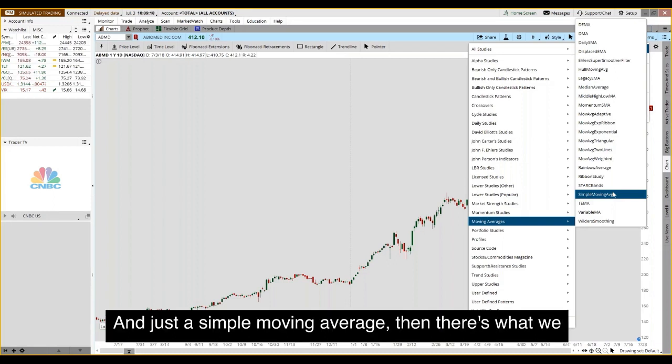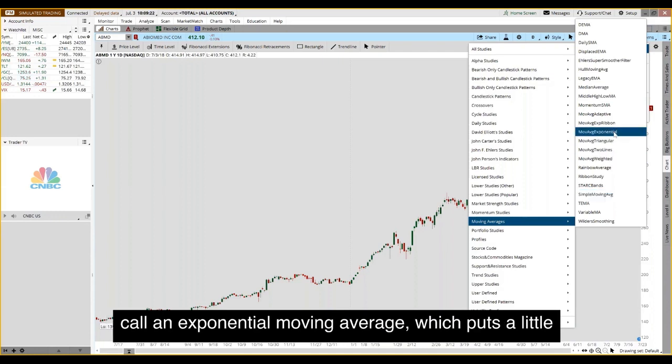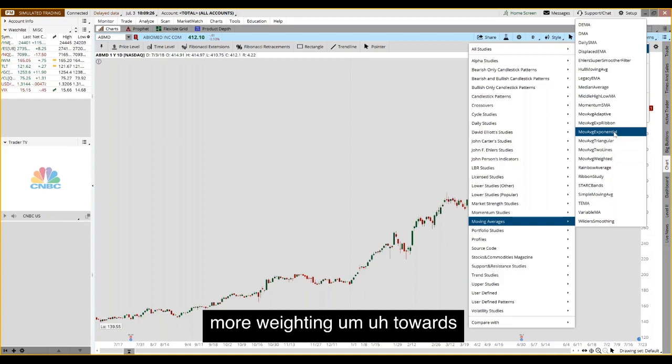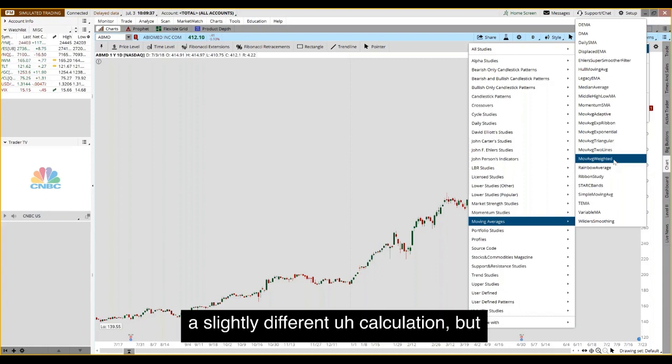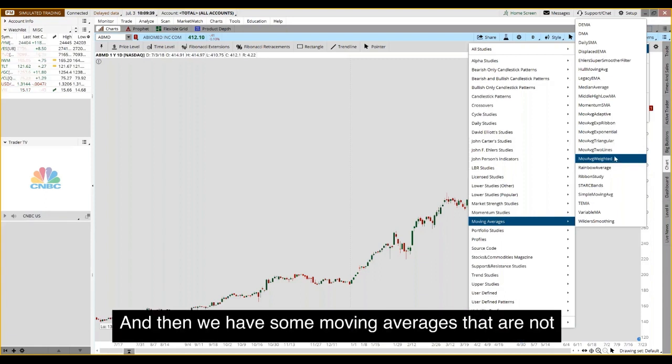Just a simple moving average. Then there's what we call an exponential moving average, which puts a little more weighting towards the more recent candles. We also have a weighted moving average, which has a slightly different calculation, but is the same sort of thing.